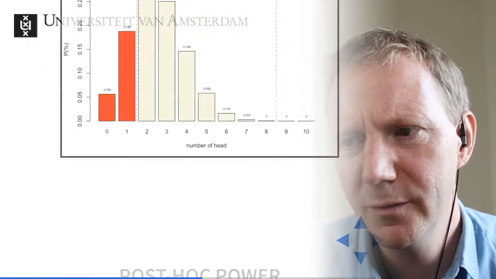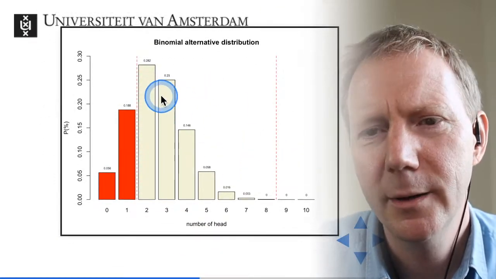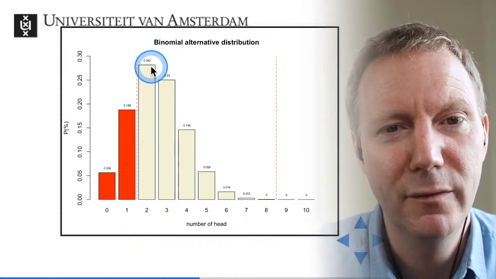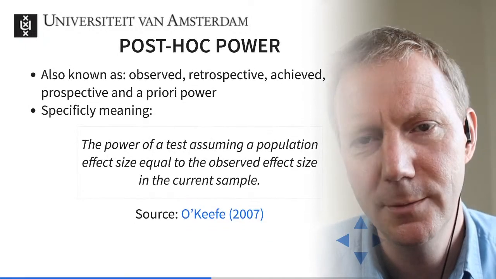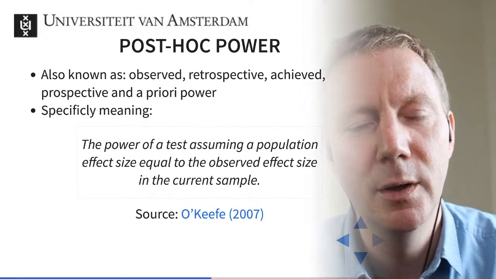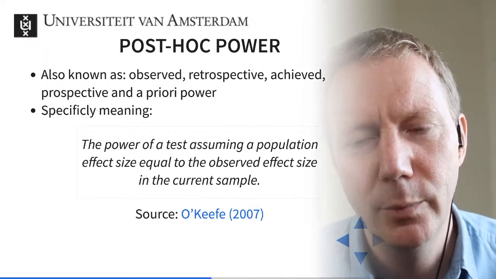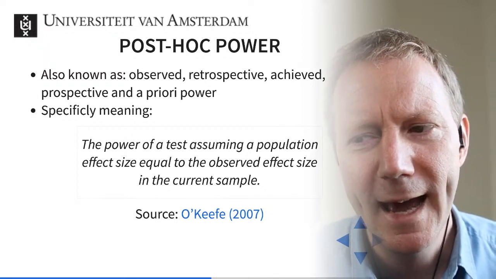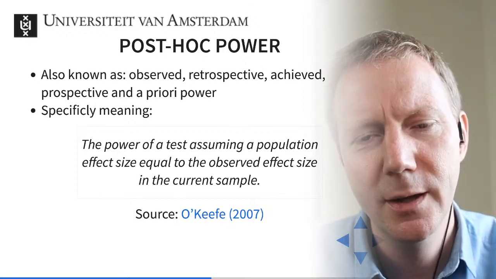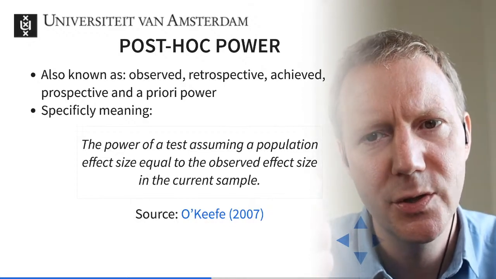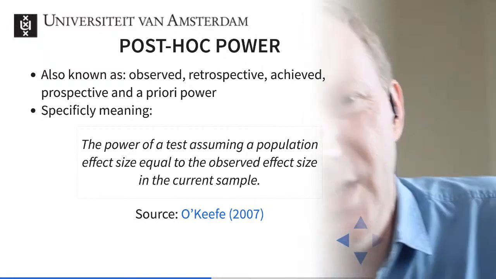So instead of having this distribution determined by a theta value of 0.25, which I assumed, according to this definition, I would have to assume, or at least SPSS gives you back, that it would be 0.2. And the effect size is the difference between your mu from your population and your mu from your alternative distribution. So that's the difference between 5 and 2. So in that sense, it would be 3.